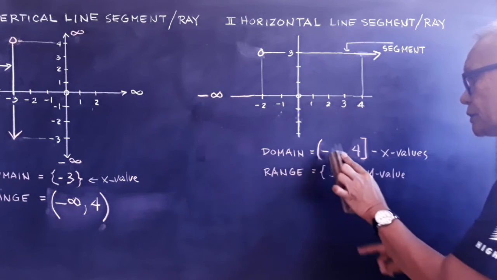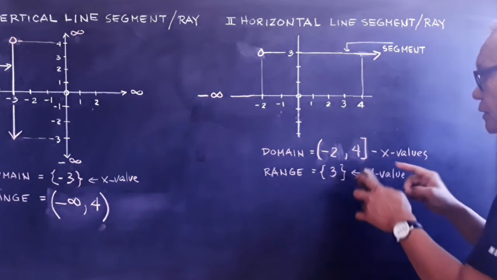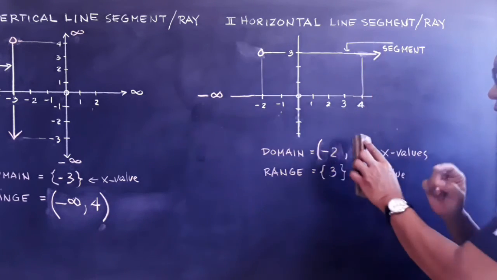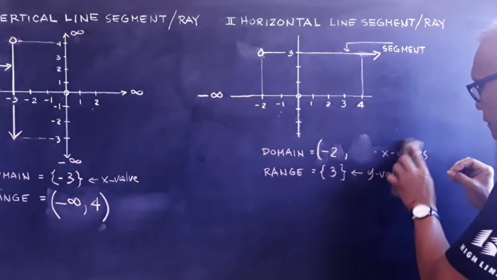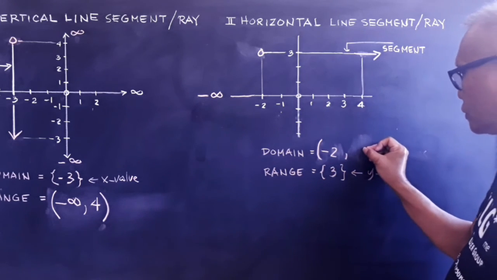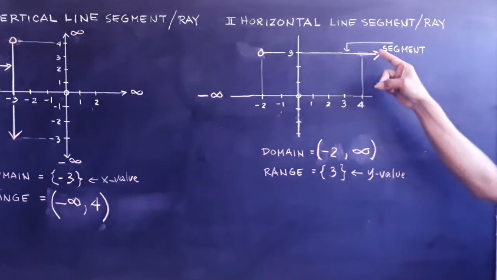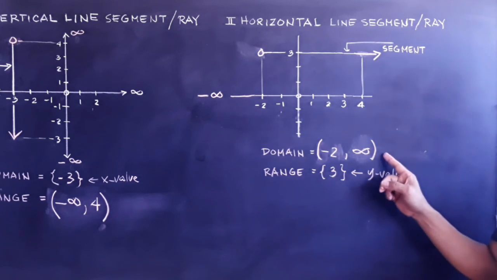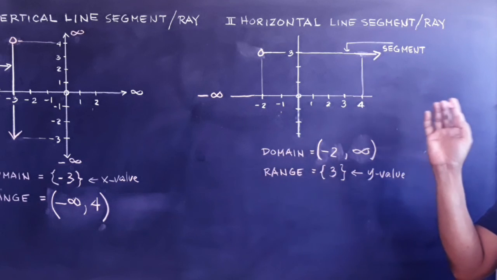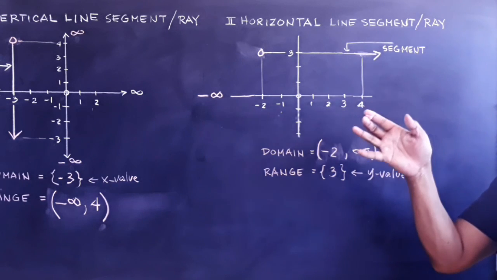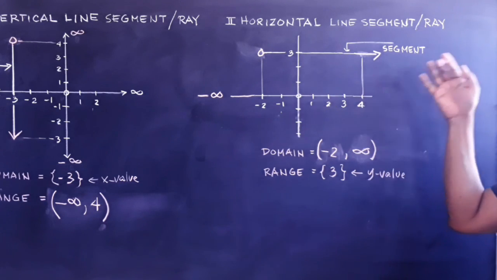It goes not only to 4, it goes forever in the rightmost direction, so I'll write positive infinity. And that is how to write the interval notation. And this is the domain and range of our vertical line segments and vertical rays, and then horizontal line segments and horizontal rays.